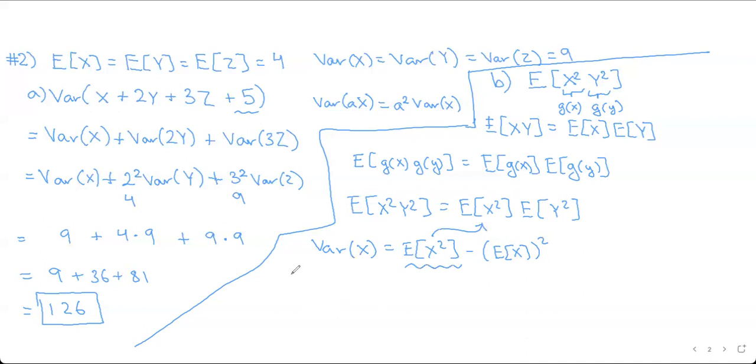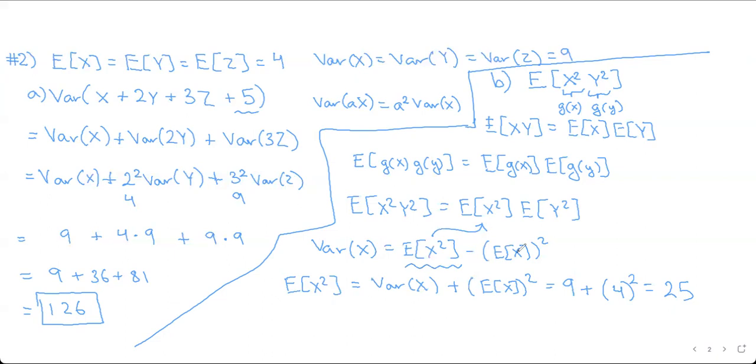So we can rearrange this equation and find that the expectation of x squared is simply the variance of x plus the expectation of x squared. We know the variance of x is 9, and we know the expectation of x is 4, right? That's what we established at the beginning here, and we're going to square that. So we have 9 plus 16, that'll give you 25. Okay.